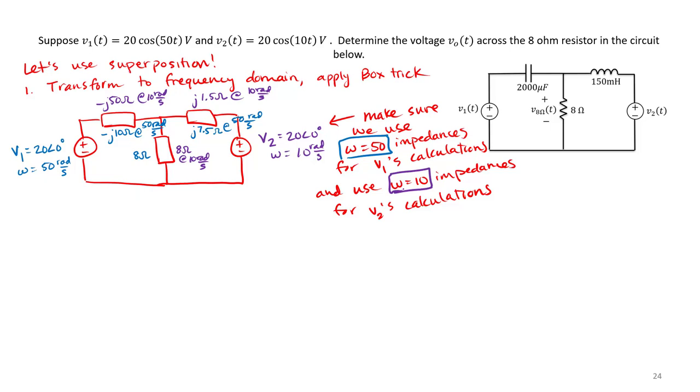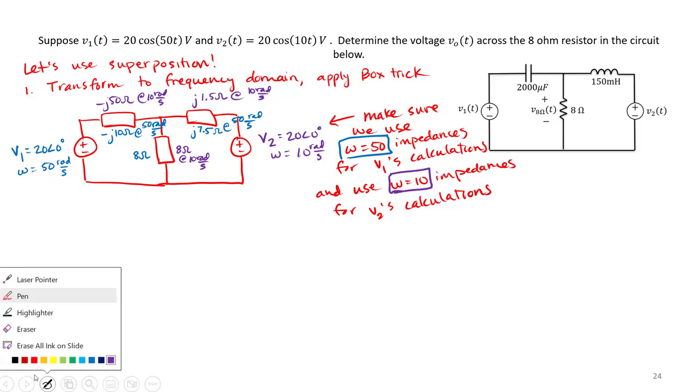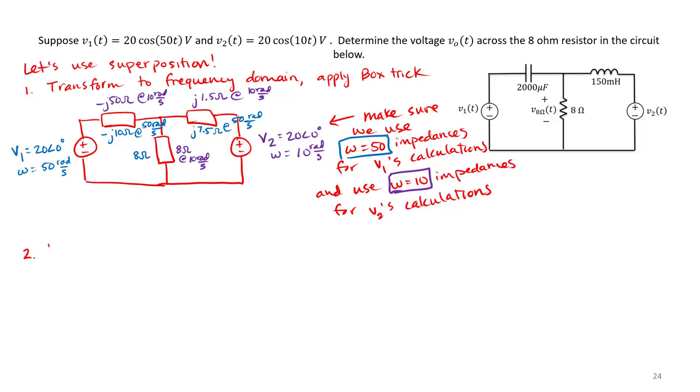All right, so we have now transformed everybody to frequency domain, and we've applied our box trick. Our next step is to draw the circuit with each source considered separately.